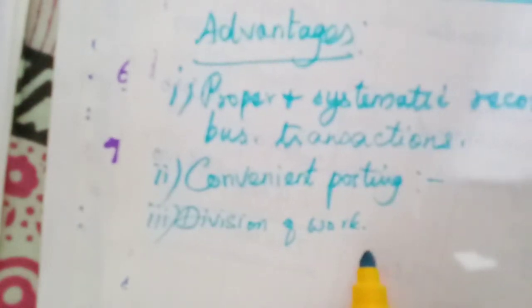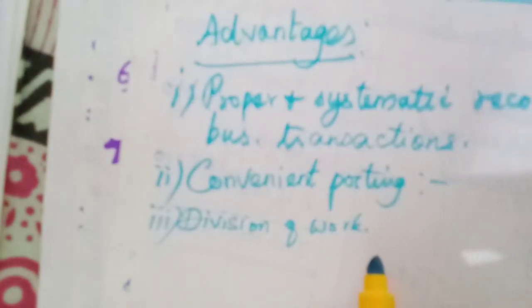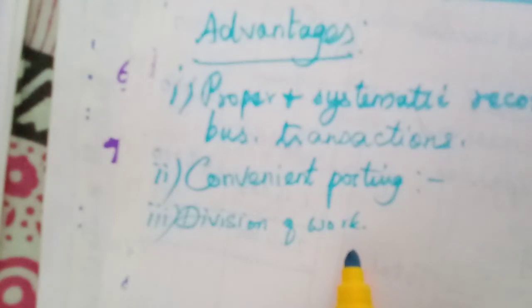So the work can be easily divided among various staff in the company. Each person can work in one book, so they will easily complete their work. The work will be completed very fast and very speedily.